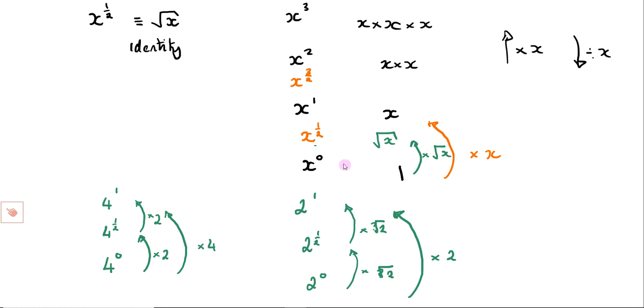Well, if you think about it, look. Multiply by root x. Sorry, big jump. Multiply by root x. Multiply by root x again. So what do we end up with? We end up with the square root of x cubed.